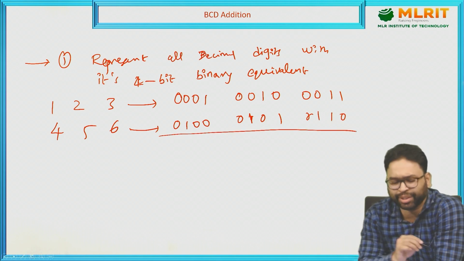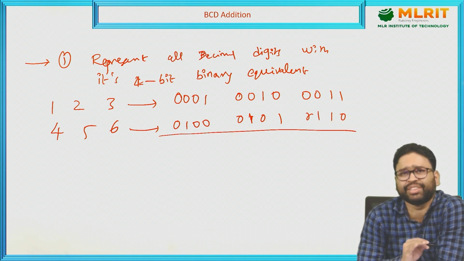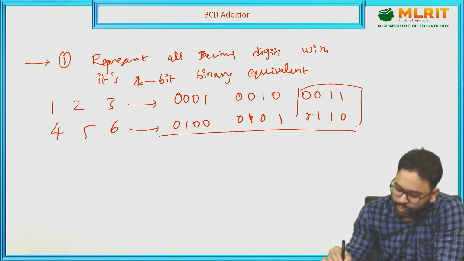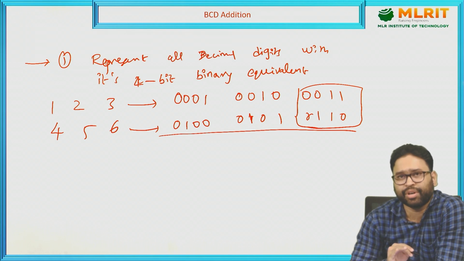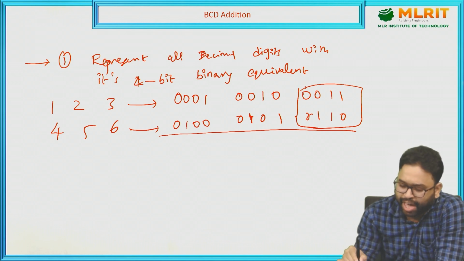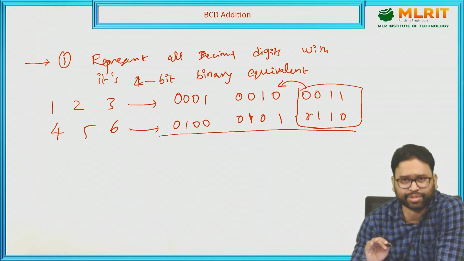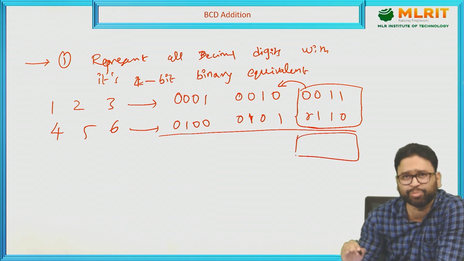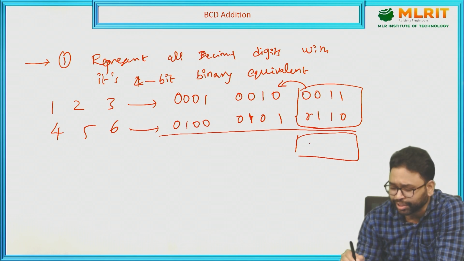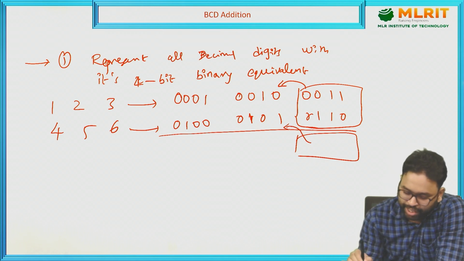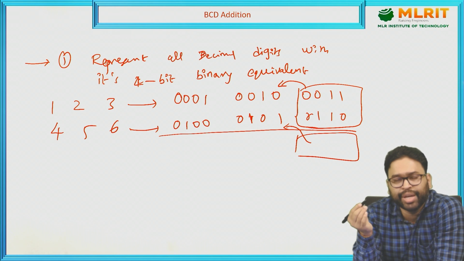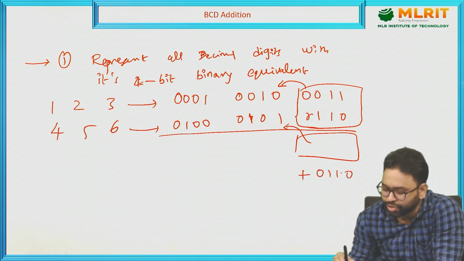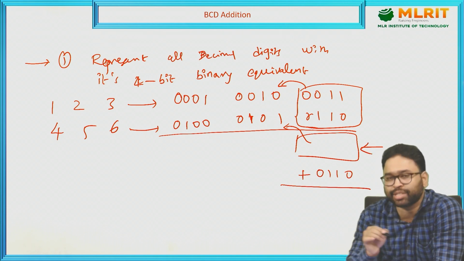If I am performing some kind of addition for these two numbers, in that case you need to focus on individual groups first, individual 4-bit binary groups first. If after performing addition the result is generating any kind of carry to the next group, in that case you are supposed to add 0110 to correct your resultant sum value.